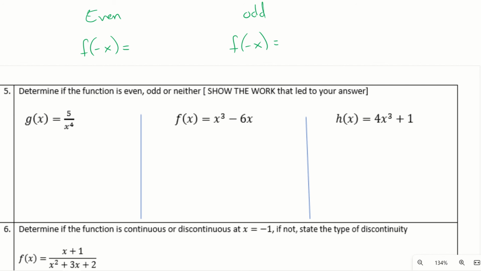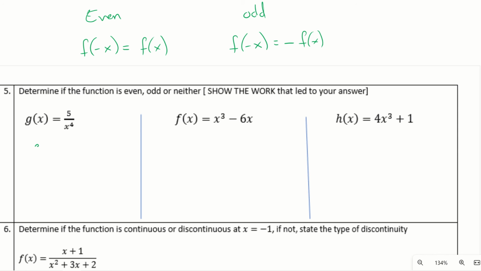If we're looking for the function to be even, we take every x value, replace it with -x, and if we get the original function, then it's considered to be even. If we do the same thing and everything changes by a negative compared to the original one, then it's odd. And if it's neither of these, then it's obviously neither, right? That's what we're looking for.